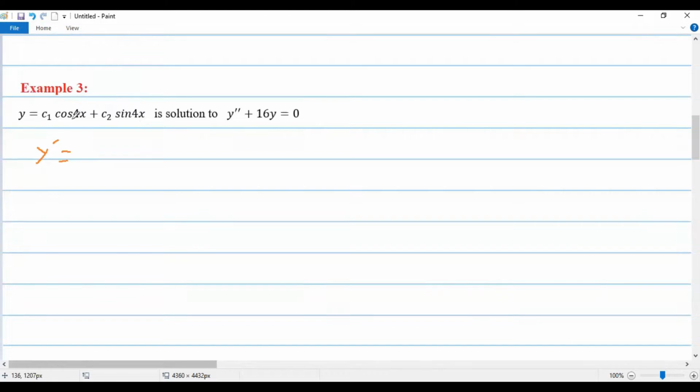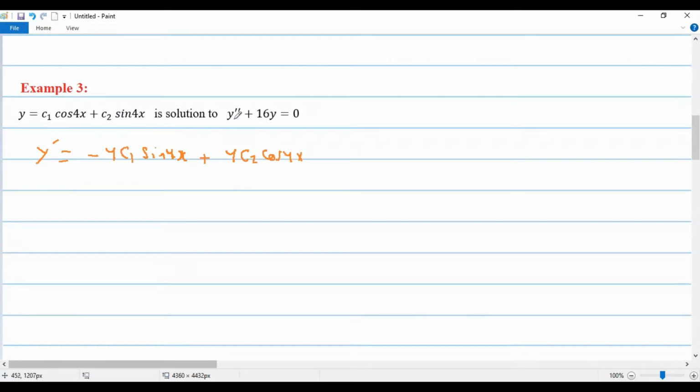The derivative of cosine is negative sine multiplied by the derivative of the angle 4x, which is 4. So minus 4 c1 sine 4x. The derivative of sine is cosine multiplied by the derivative of the angle, which is 4. So we have 4 c2 cosine 4x.